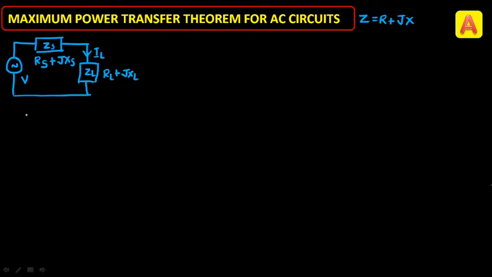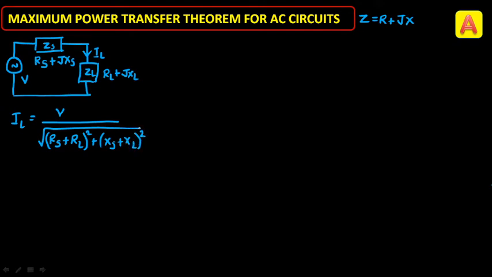Now, the load current IL is equal to V by the root of (RS plus RL) whole square plus (XS plus XL) whole square.